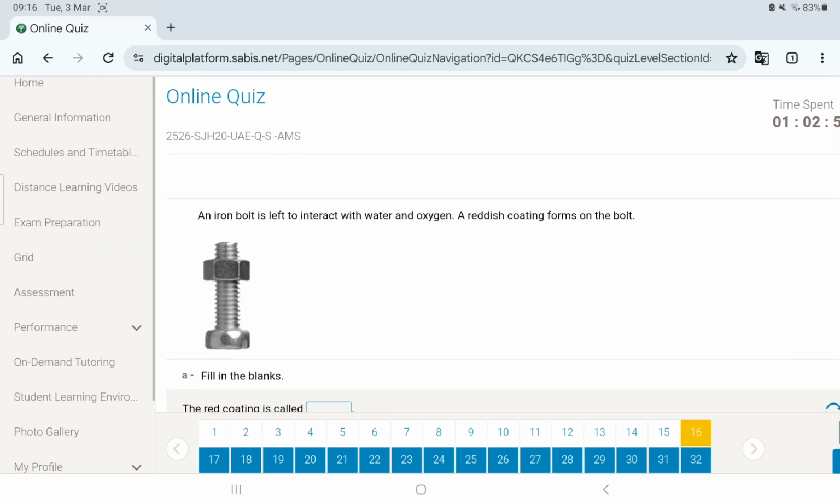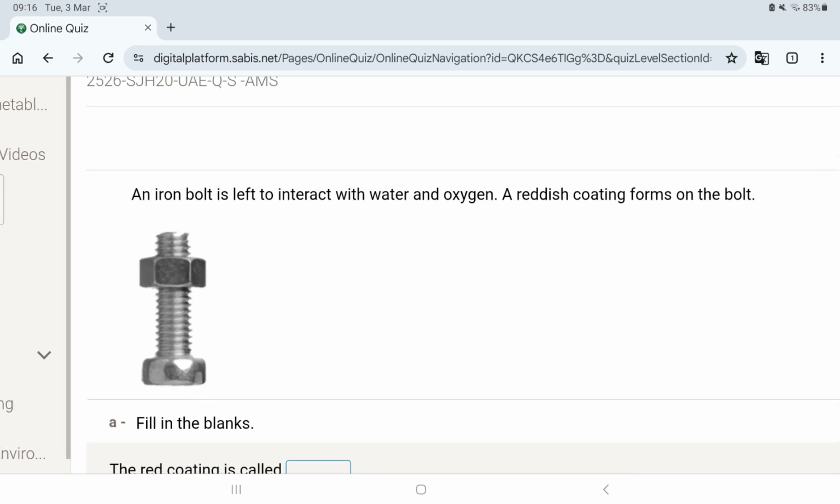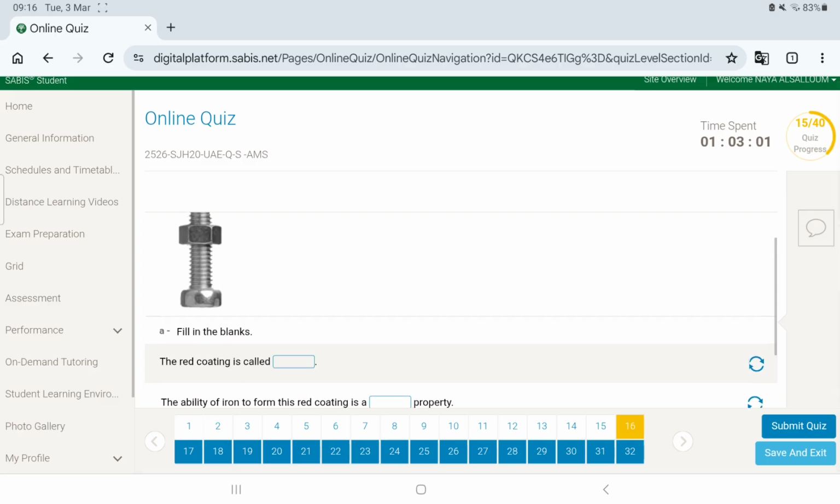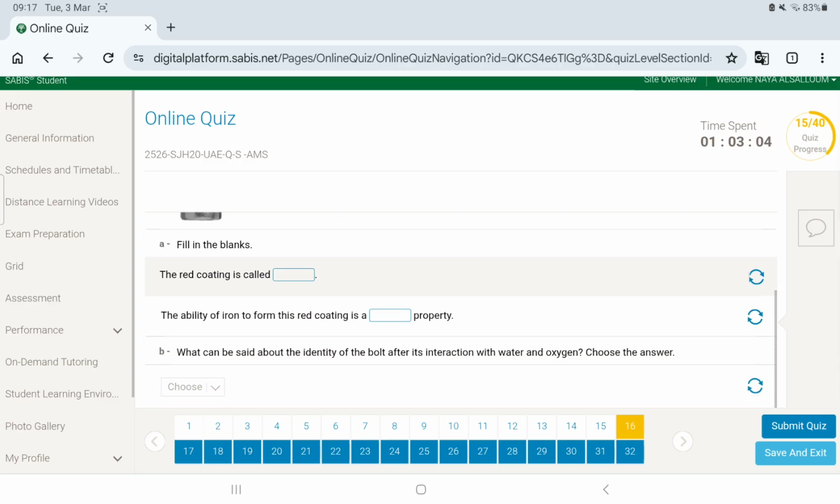Let's see here. An iron bolt is left to interact with water and oxygen. A reddish coating forms on the bolt. The red coating is called, okay, let me see here. So let's answer. We said the iron is gonna form the red coating. Okay, how would I think about it? R for red, R for rust.